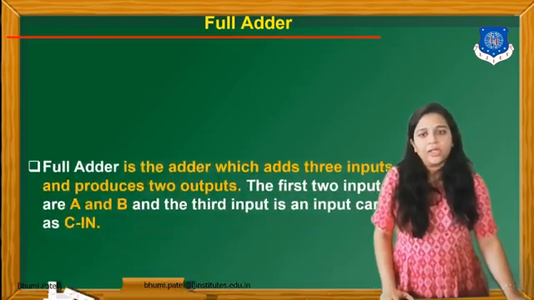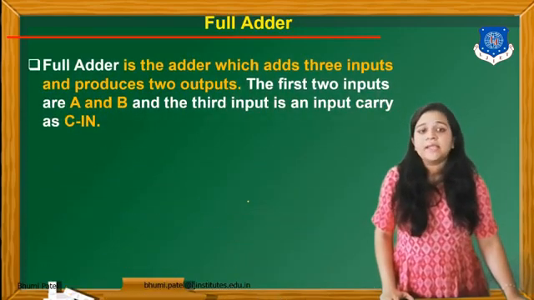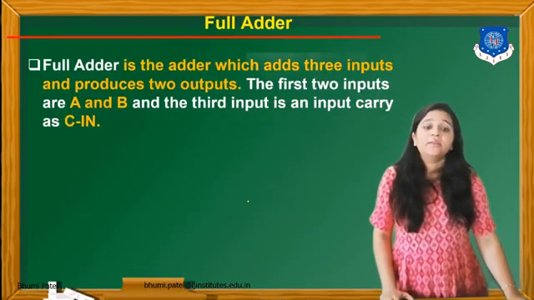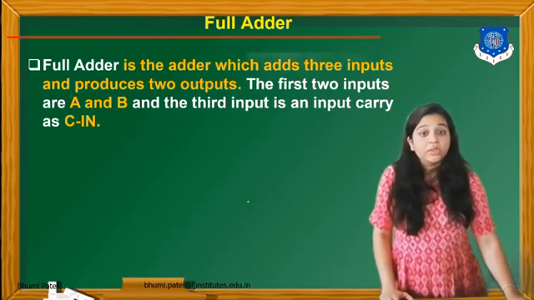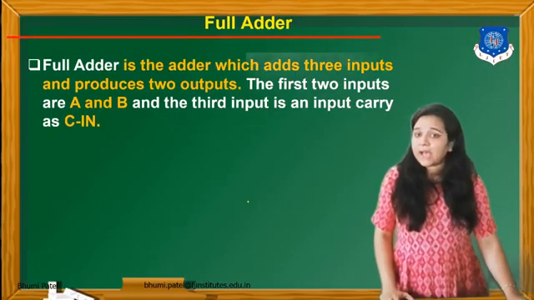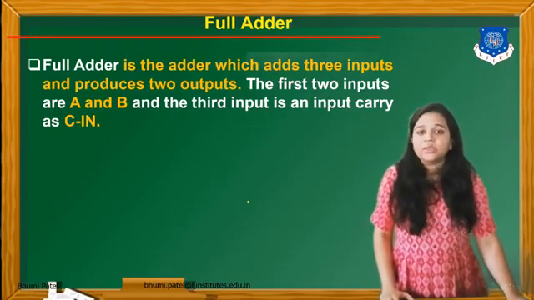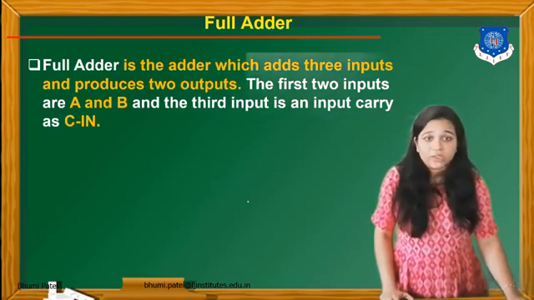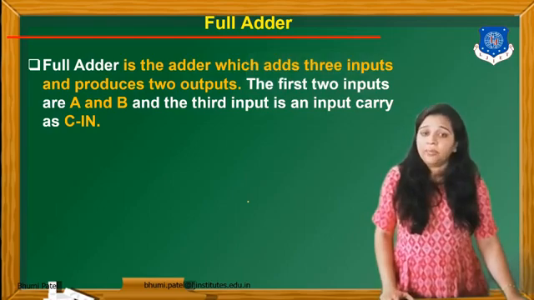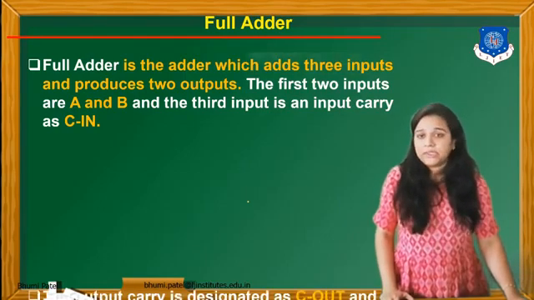Now the next one is full adder. Okay, so full adder is the adder which adds three inputs and produces two outputs. The first two inputs are A and B, and the third input is an input carry as C in. So we can take here three inputs.